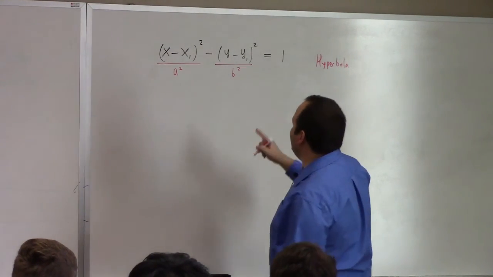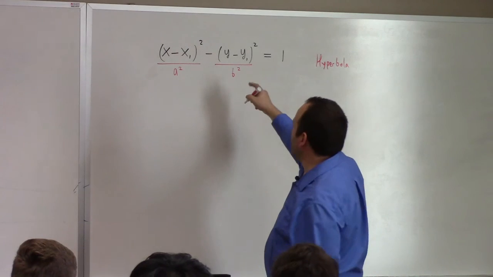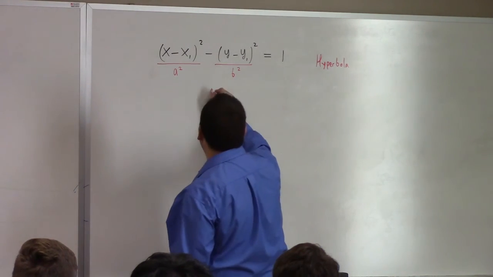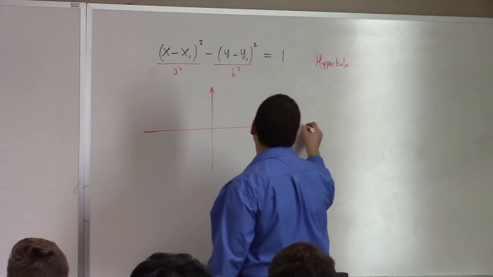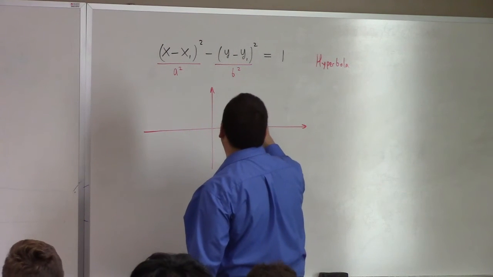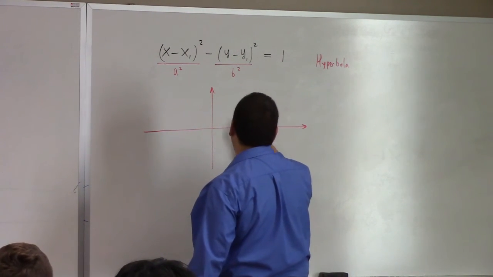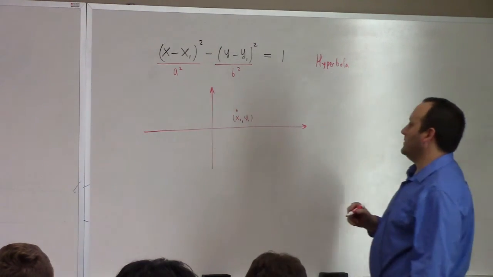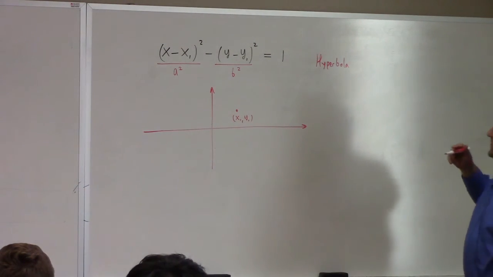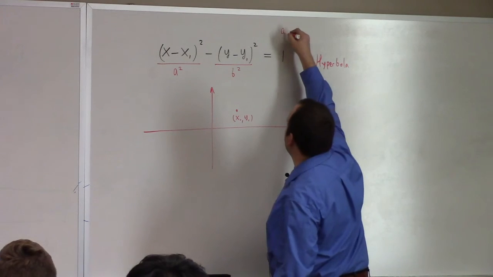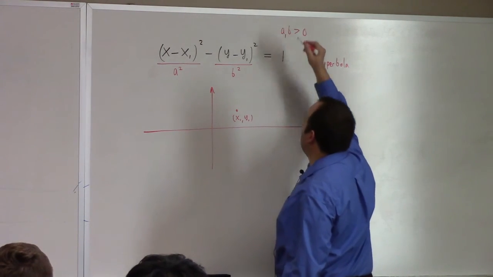But so this would have center x1, y1, right? And what's it look like? Let me put x1 and y1 up here. Again, I'm assuming a and b are positive for the sake of us not going nuts.